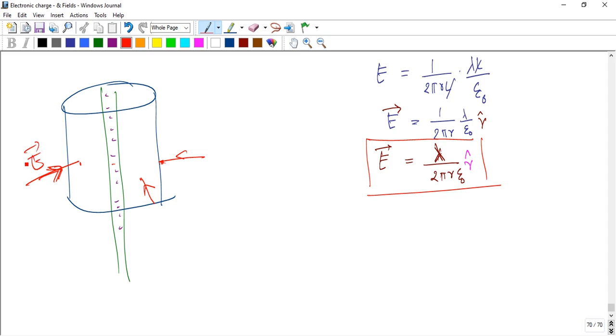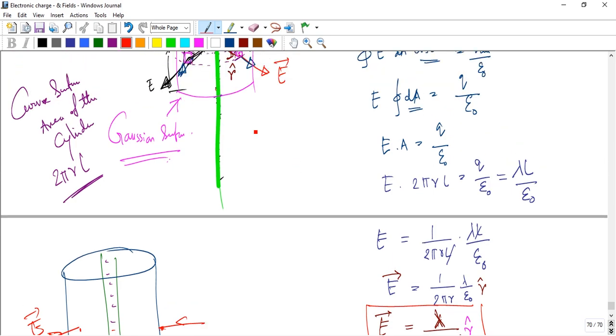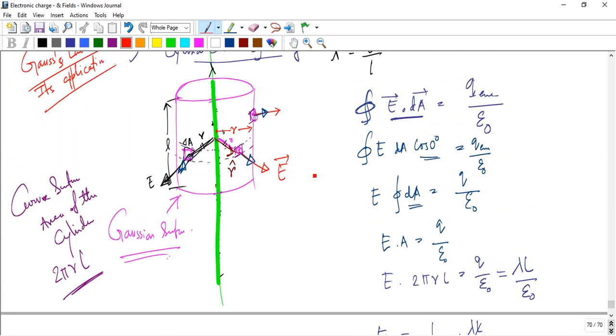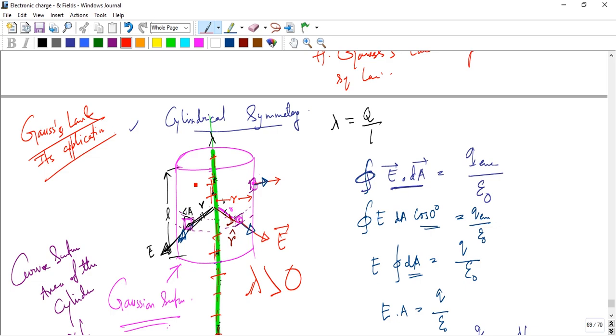So if the electric field is inward, lambda is less than 0, meaning a minus q charge, obviously. If the electric field goes outward, lambda is obviously greater than 0. Clear? That's cylindrical symmetry.